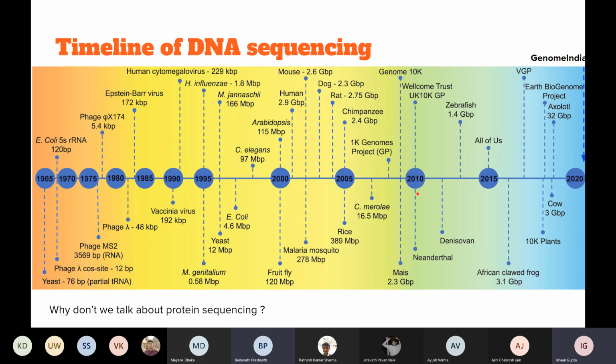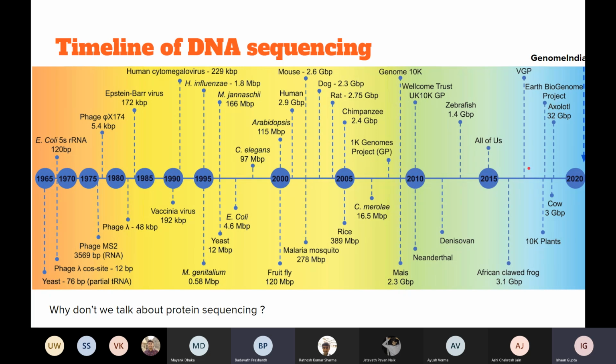Now we are in the era, around the 2010s, of sequencing many individuals of the same species. For example, the first was the 1000 Genomes Project, which was completed around 2010. Then we had the 10,000 Genome Project that was also conceived around this time and began. In 2015, America launched what's called the All of Us project, where they want to sequence about 1 million human genomes.